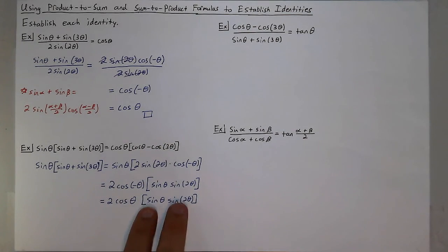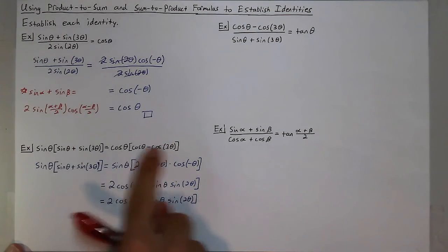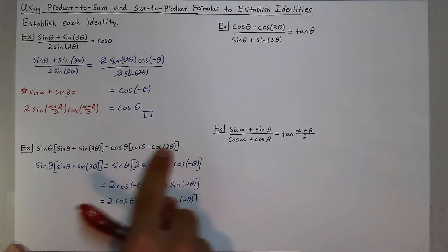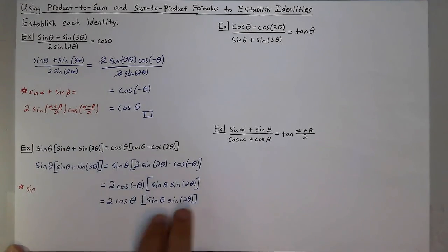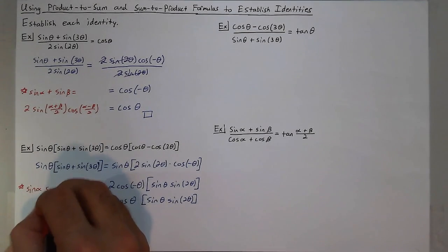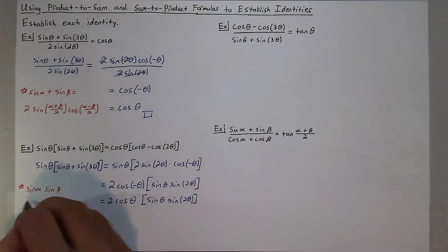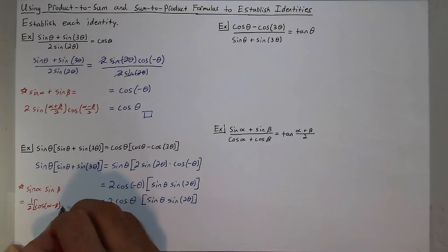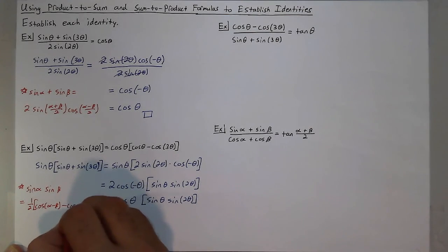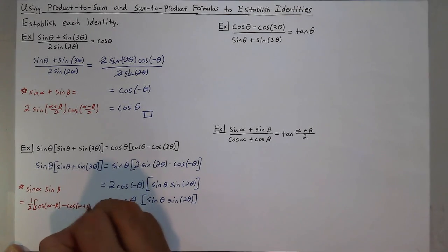Now I have the product of two sine functions, which I can use a product to sum formula to make this product a sum of trig functions. And that formula for sine of alpha times sine of beta, since I have two sines being multiplied, is equal to 1/2 of cosine of alpha minus beta minus cosine of alpha plus beta.